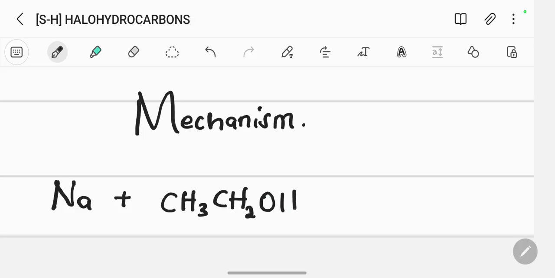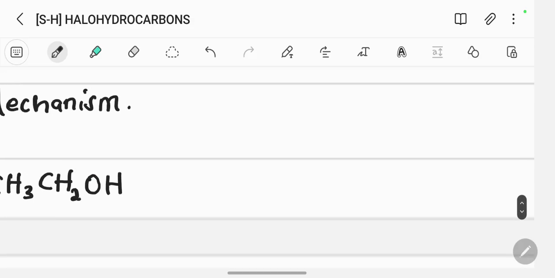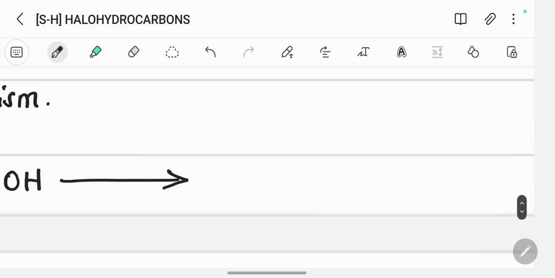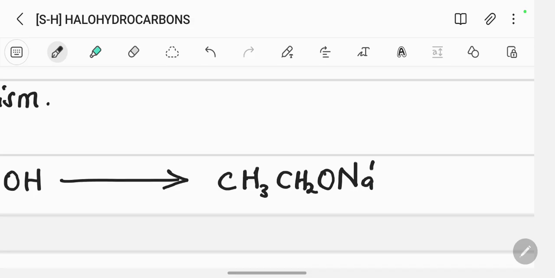Alcohols react with metals like sodium and potassium to form a metal alkoxide like CH3CH2O-sodium. So we call this one sodium ethoxide.